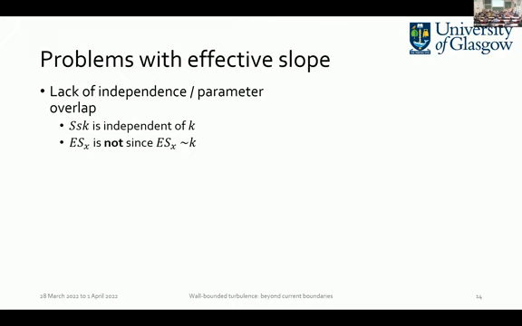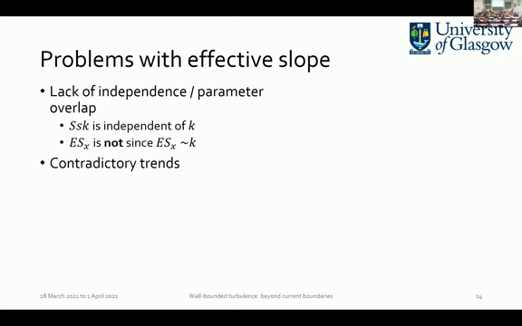In contrast, ESX is not independent of the height, because if we just stretch the height axis of our surface, then we would also increase the effective slope of the surface. This can sometimes lead to confounding effects, where increases in effective slope are observed and roughness effects are associated with this, when we maybe should more associate it with the increase in the roughness height.